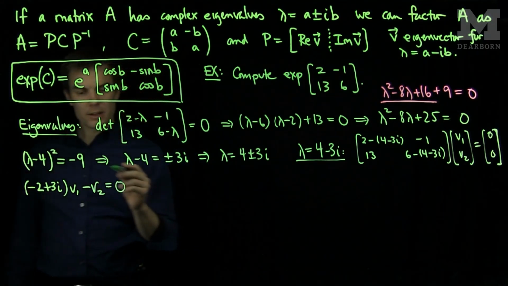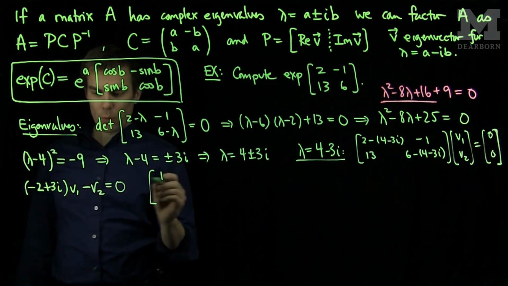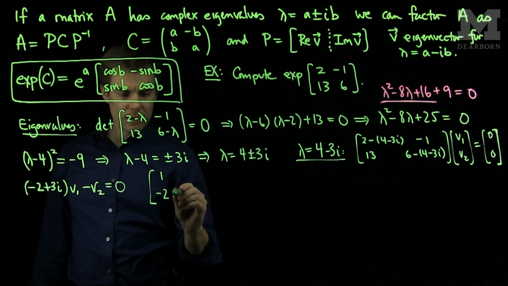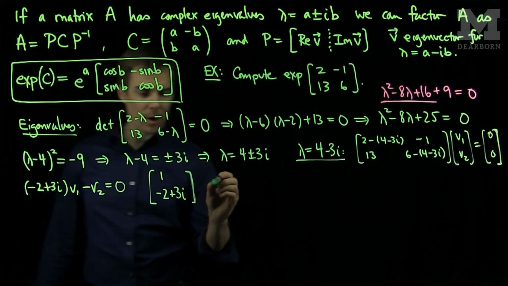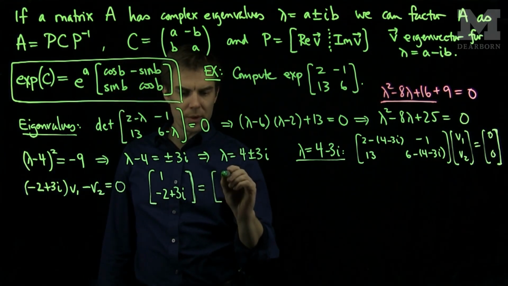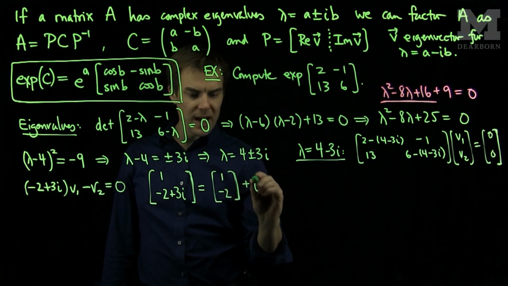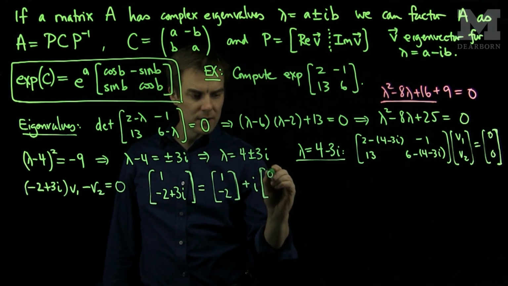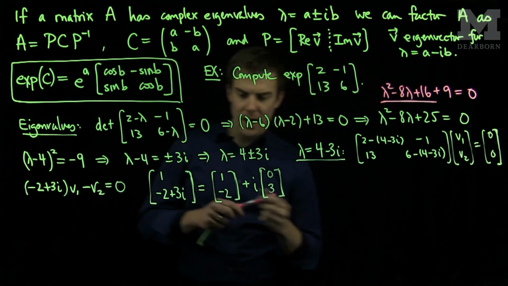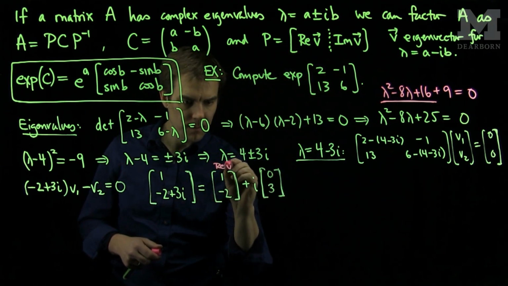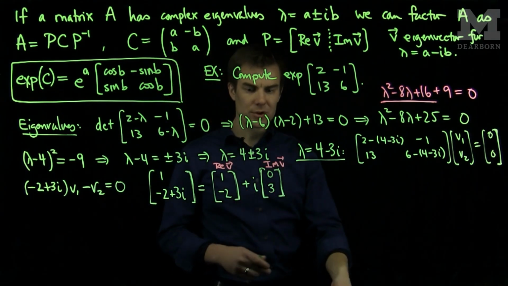We see from this that I can choose v1 to be 1, and if v1 is equal to 1, v2 will be negative 2 plus 3i, which I will split into real and imaginary parts. The real part will be 1, negative 2, plus i times 0, 3. So the first matrix, without i's, is the real part, and the second matrix is the imaginary part, as it's the coefficient of i.